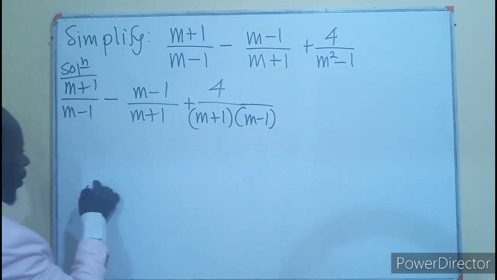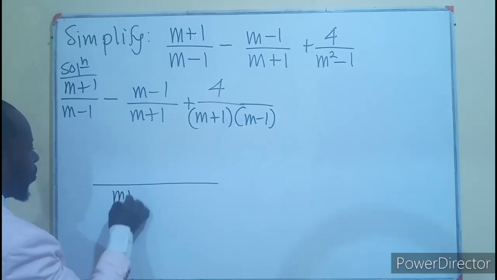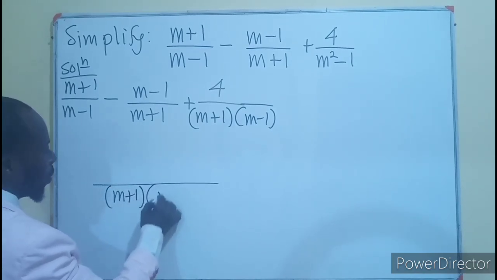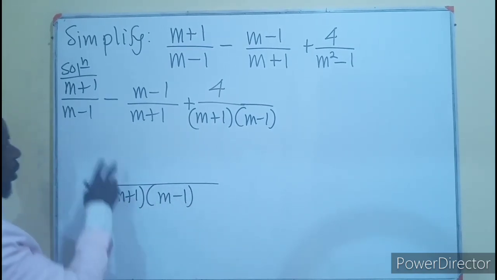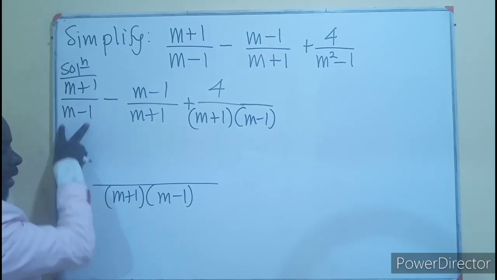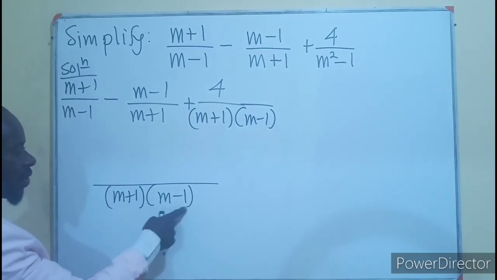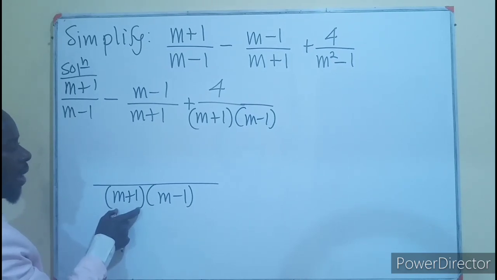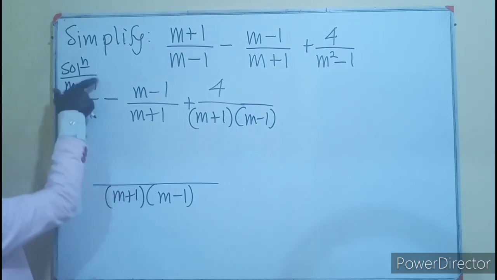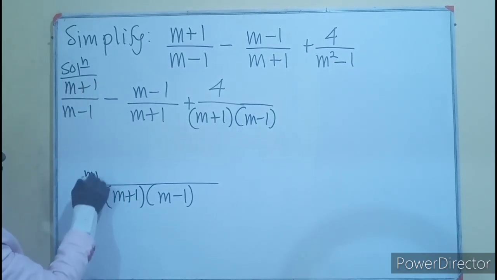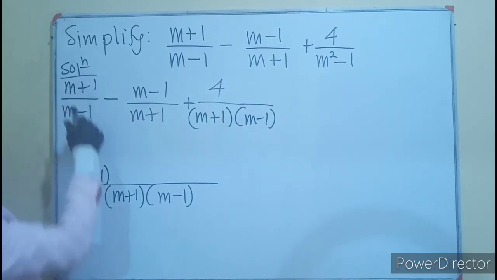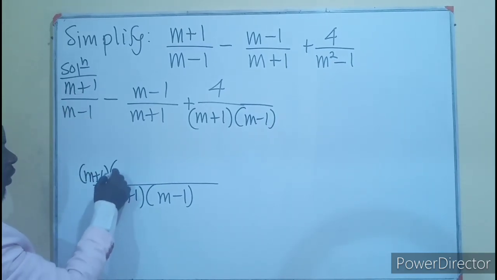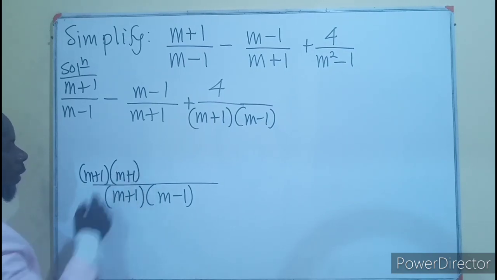So that is going to be (m plus 1)(m minus 1). When the m minus 1 divides this, it will cancel the m minus 1, leaving m plus 1. And that will also multiply the m plus 1, which is the numerator. This numerator will multiply the quotient, m plus 1.